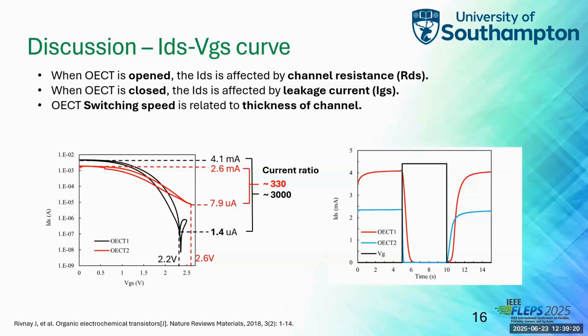For this one, it's the thickness of the PEDOT:PSS. When the OECT is closed, there is some leakage current. This leakage current flows between the drain and source, the carbon connecting with the electrolyte. And switch speed is related to the thickness of the channel. If the channel is bigger, the switch time will also be longer.